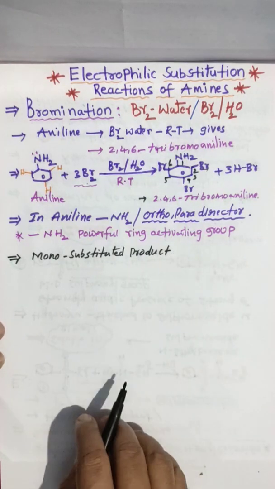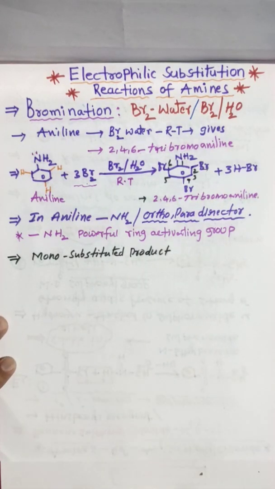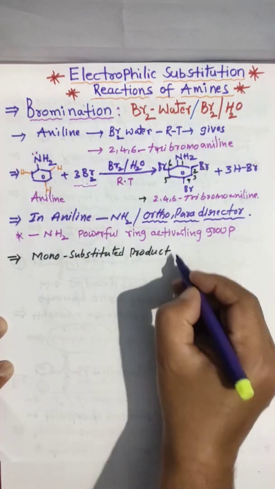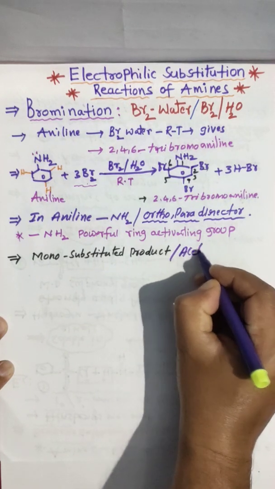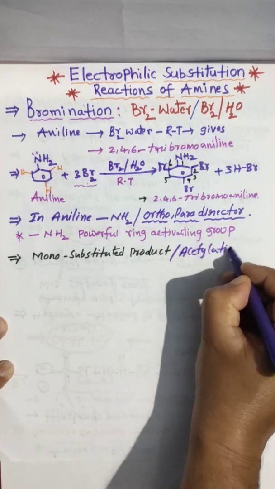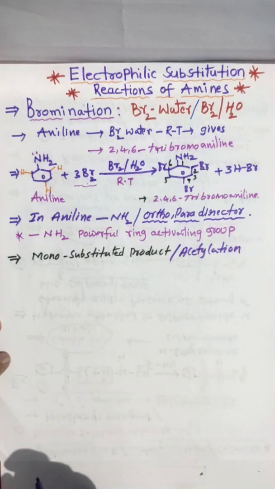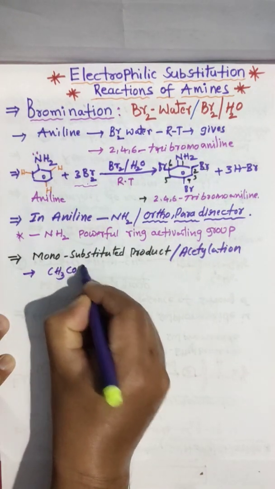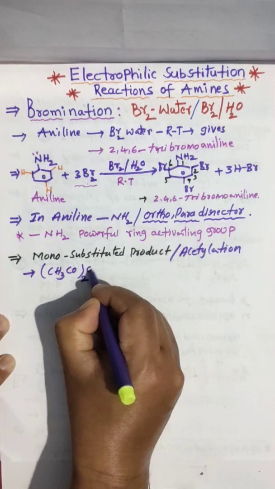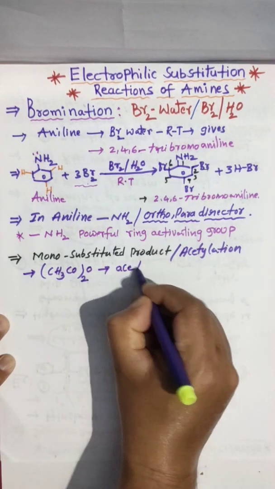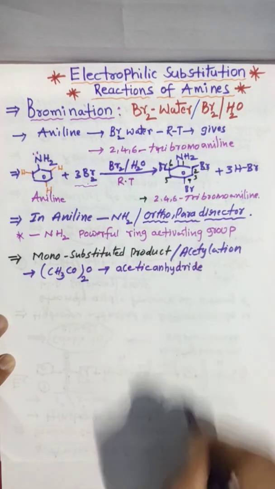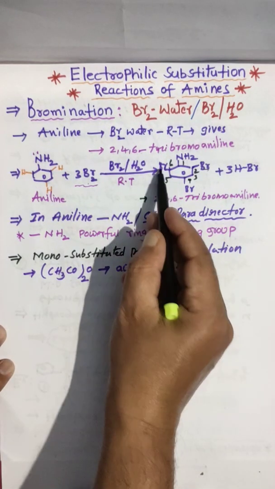If you want the mono substituted product, you can't prepare it by this method, and you have to do acetylation, along with bromination. Acetylation is nothing but taking acetic anhydride.